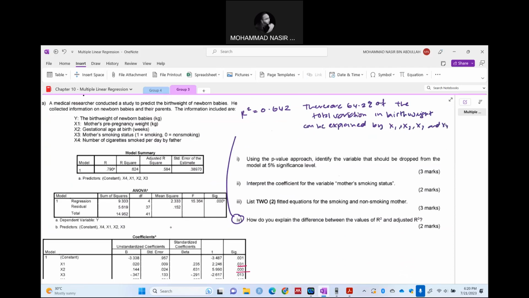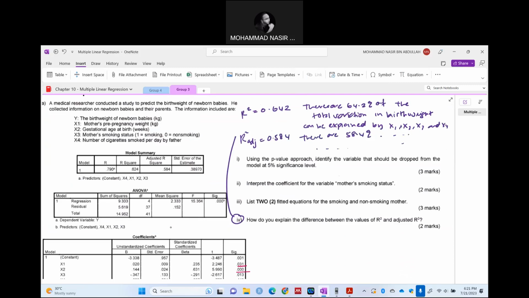So you need to put the full name for X1, X2, X3, X4. Right. So adjusted R square is equal to 0.584. So it means that there are 58.4% of the total variation can be explained by X1, X2, X3, X4.